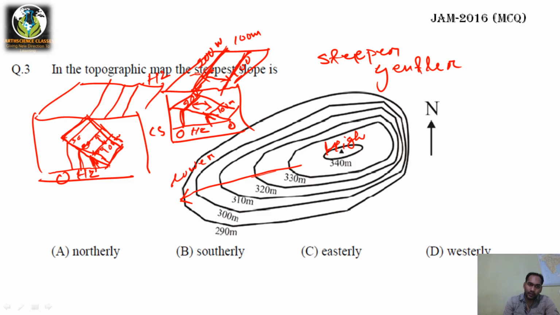Here also, this contour 1 and contour 2, they are having an elevation difference of 100 meter. But see the distance between the two contours in map. Here this is x, this is y. See the distance between the 100 meter contour and 200 meter contour in x, and see the distance between the 100 meter contour and 200 meter contour in y.